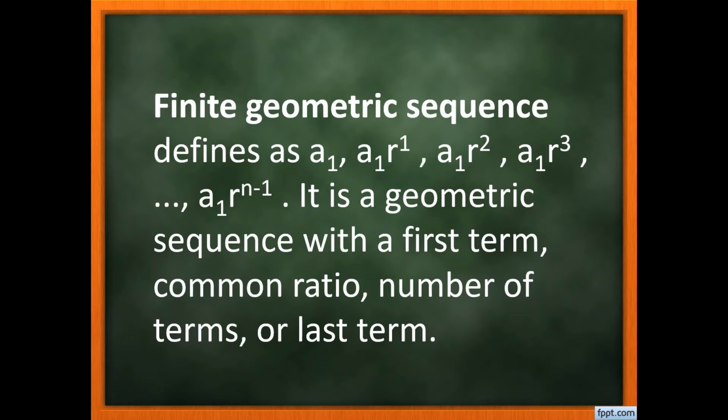Remember, a finite geometric sequence, defined as a sub 1 times r, a sub 1 times r squared, a sub 1 times r raised to the third power, up to a sub 1 times r raised to n minus 1, is a geometric sequence with a first term, common ratio, number of terms, or last term.